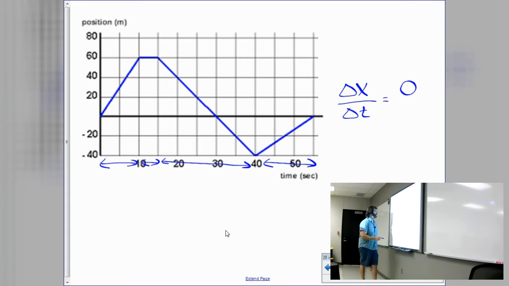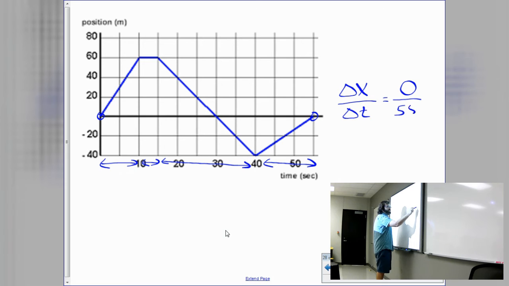It started at 0 and it ended at 0. So it has 0 displacement, and the time would be 55 seconds. So the average velocity over this entire trip is actually just 0, which, again, does not paint the full picture of how this object was moving, but it is the average velocity. The average velocity is 0.